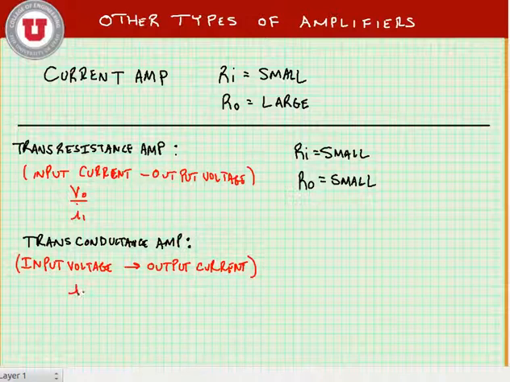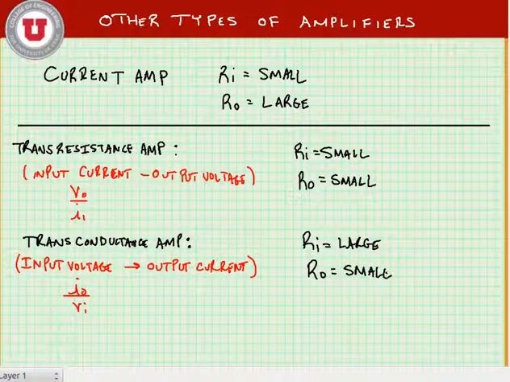In other words, we get an I out over V in. And in this case, we want the dual of the transresistance amplifier. Our input resistance should be large to avoid a voltage division at the input, and our output resistance should be small to avoid a current division at the output.